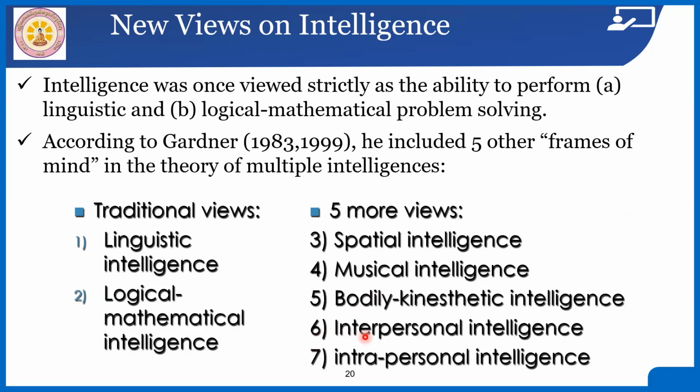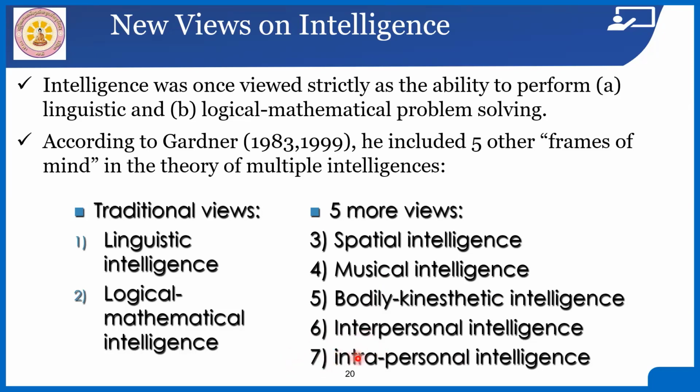And the next one here is interpersonal intelligence. It refers to people who have the intelligence of intercommunication. That means they communicate with other people. They can learn from other people very quickly. So when they are in a group, assigned in teamwork or cooperative work, they can learn very fast. That's why they have interpersonal intelligence. They can learn from others.